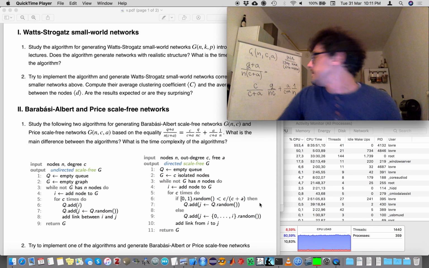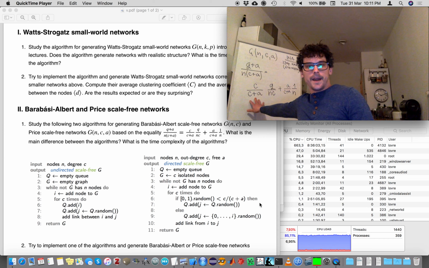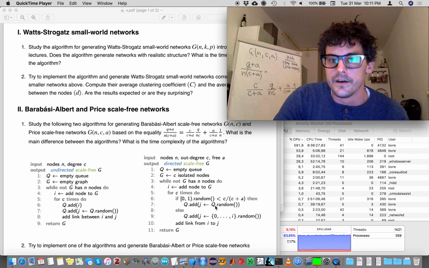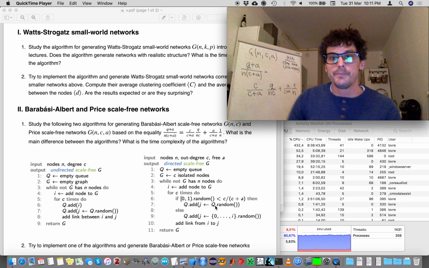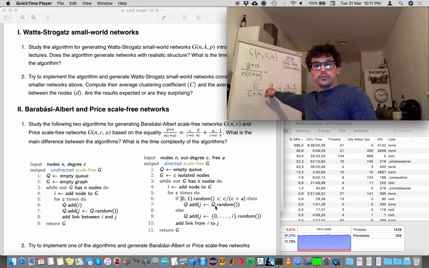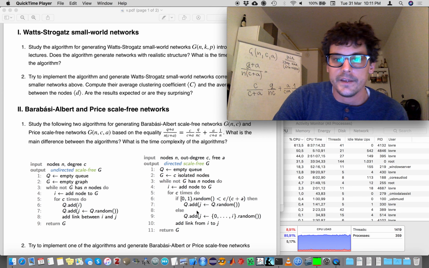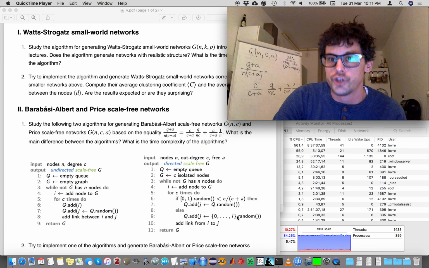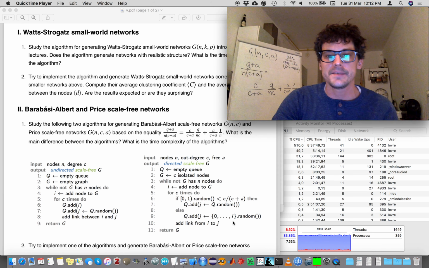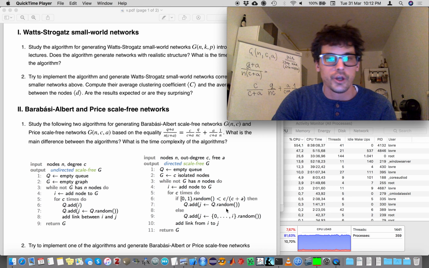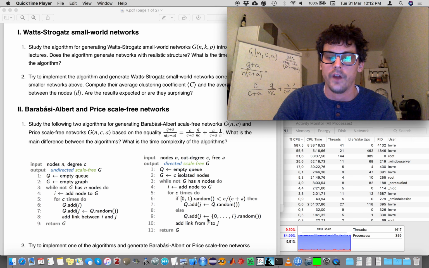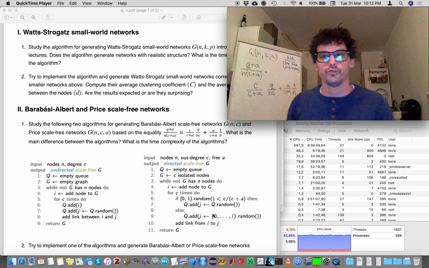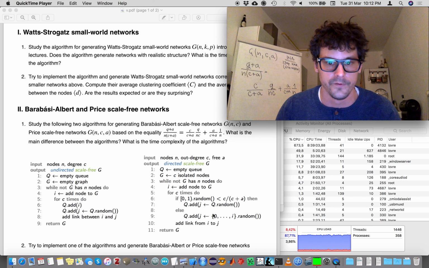And with probability c divided by c plus a, I select a node from this queue, which will basically select the nodes proportional to their in degree. And with the remaining probability, I select the nodes uniformly at random. At this time step, we have i nodes, so I simply select one node out of this set and set it to be my endpoint of the link.